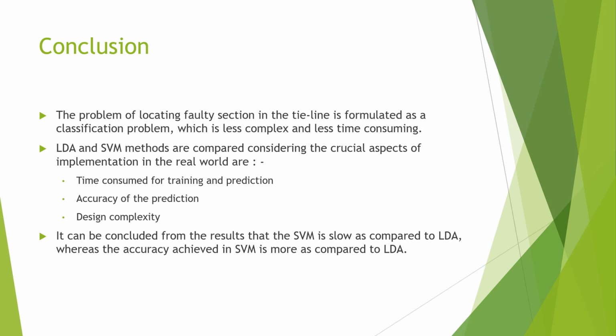It can be concluded from the results that SVM is slow as compared to LDA, whereas the accuracy achieved in SVM is much higher than LDA. So we can use LDA where time is critical and SVM where accuracy is critical.